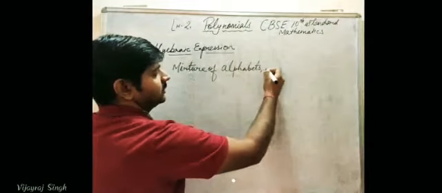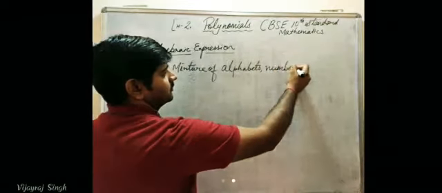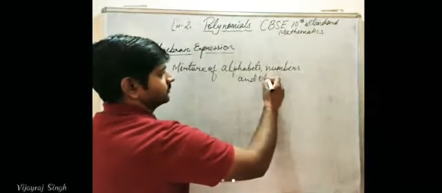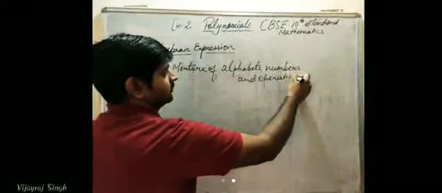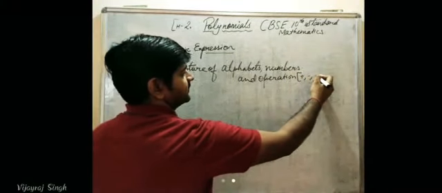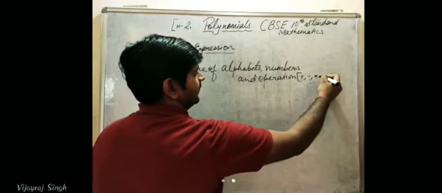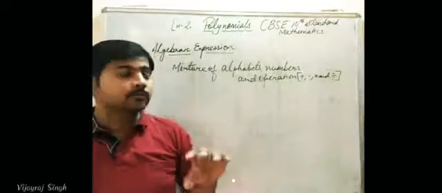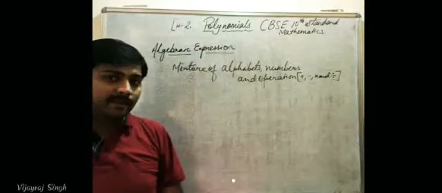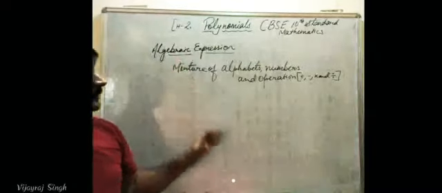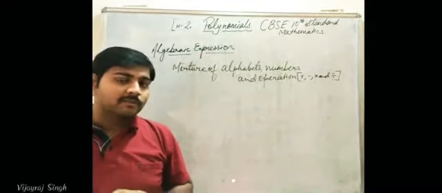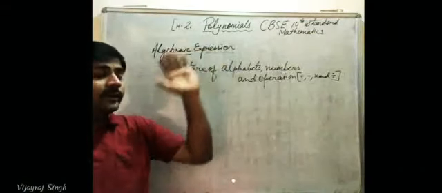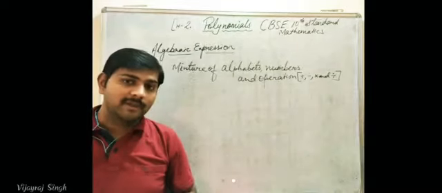Alphabets, numbers and operations like plus, minus, multiply and divide. This is the mixture of these three things, and that is called algebraic expression. And each and every polynomial is an algebraic expression. This is a very important topic of algebra, which is a branch of mathematics.